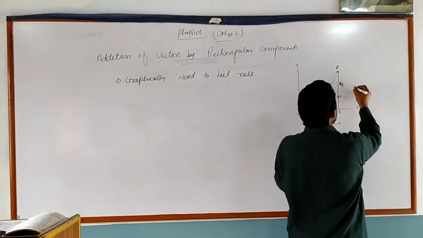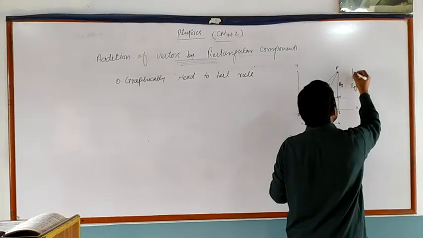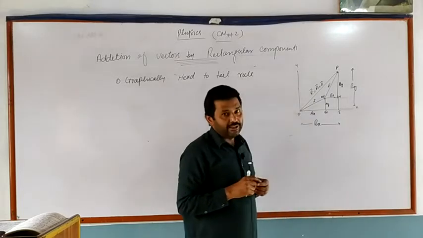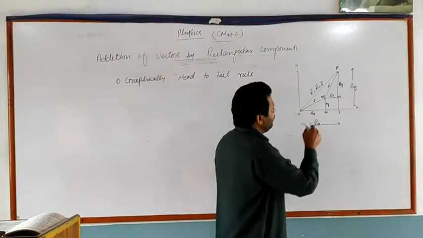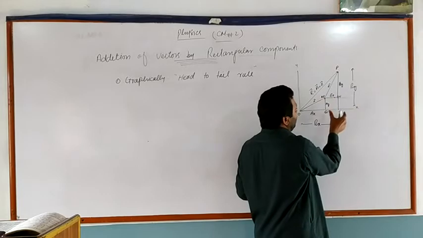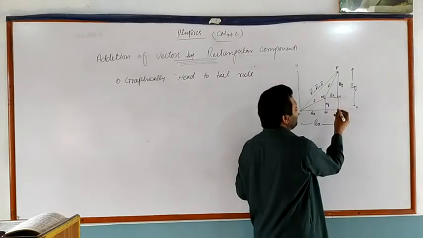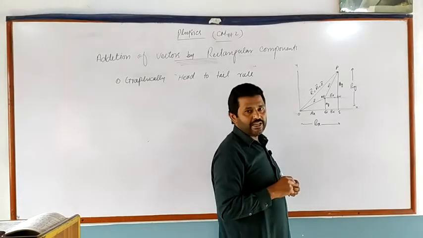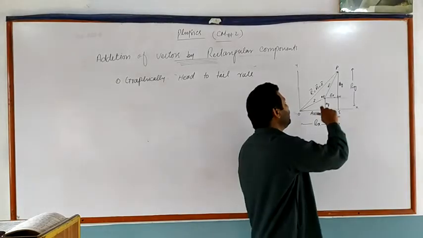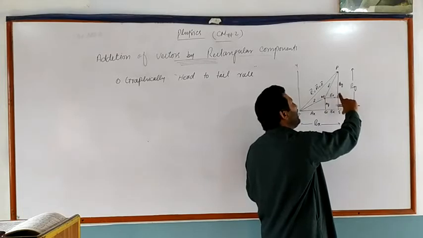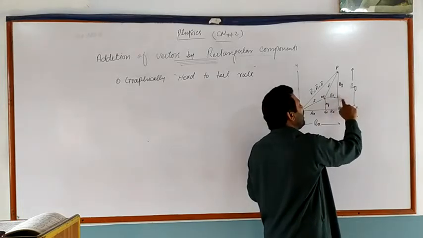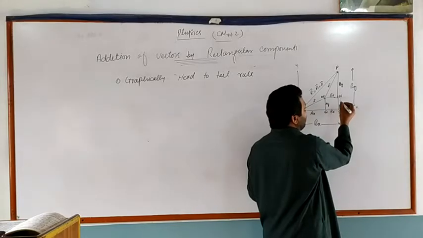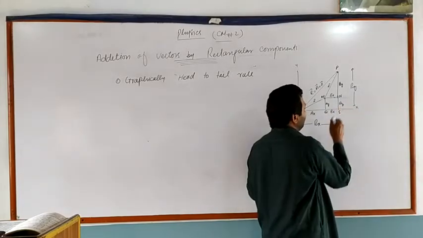Similarly, from S to P is the y component of vector R, represented by Ry. As MN and QS are equal vectors, we represent this QS as Bx, and QM and SN are also equal vectors, so we will also name SN as Ay.